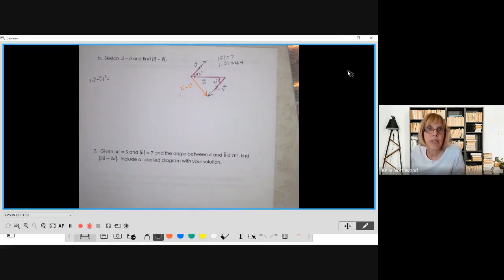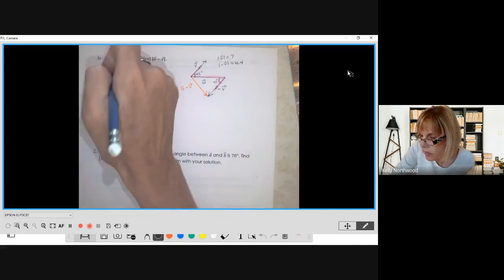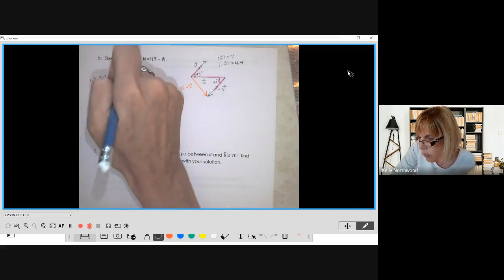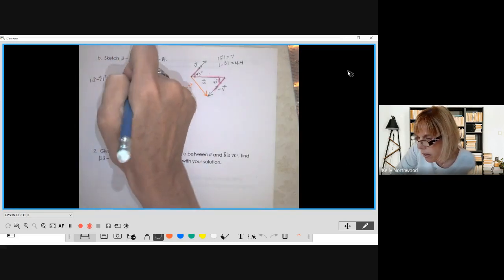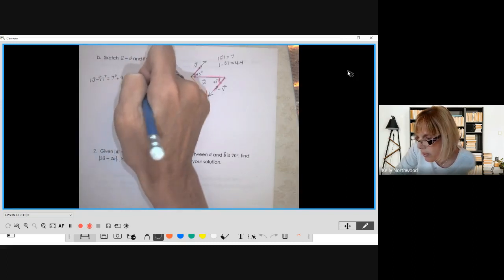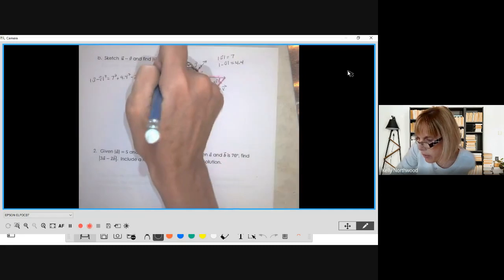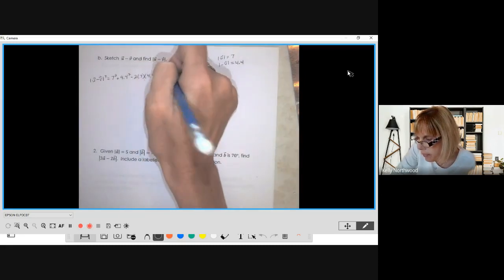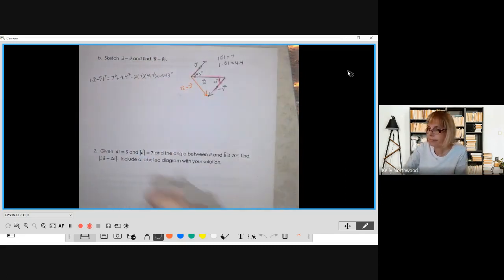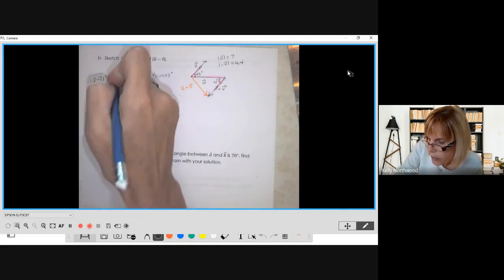So the magnitude of vector u minus v squared is equal to 7 squared plus 4.4 squared minus 2 times 7 times 4.4 times the cosine of 43 degrees. And then square root both sides.